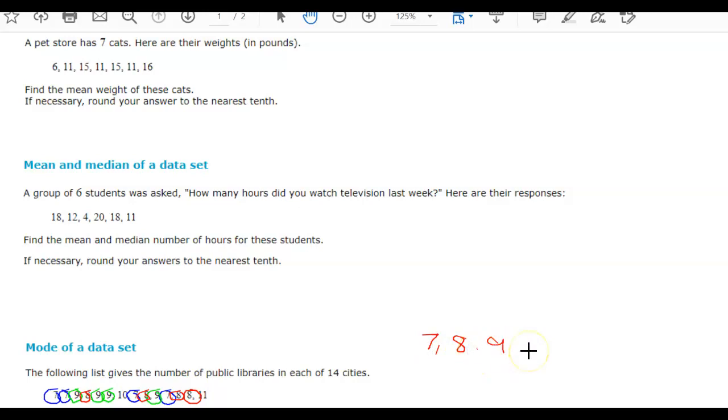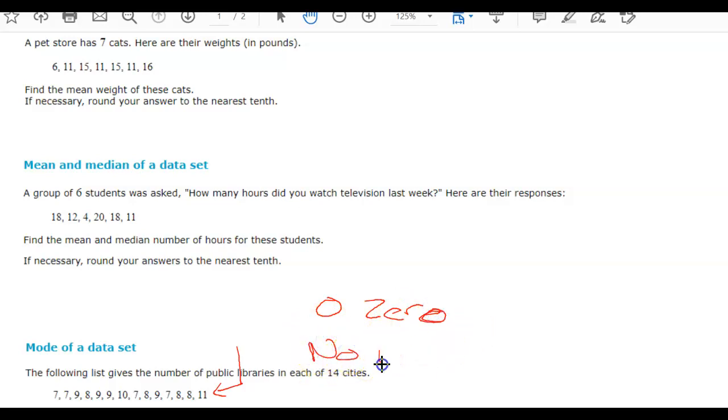Okay, now something for you guys to be aware of is that if each number up here only appeared one time, I wouldn't have any mode. So you can't write down 0 mode like that. You would want to write down no mode.